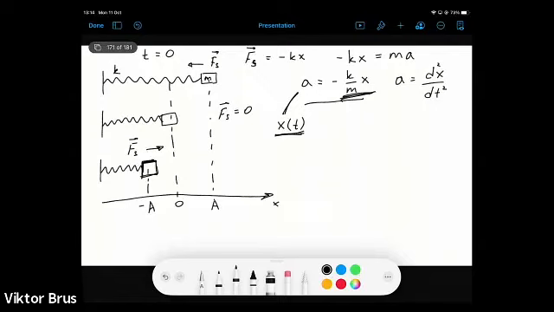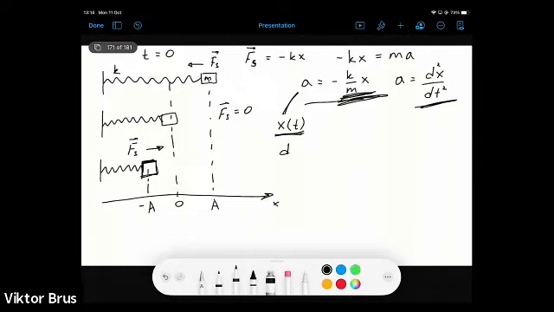But we will see where it comes from, and of course then we'll consider what it means and what it brings us. So we can just equate this second derivative and this equation.